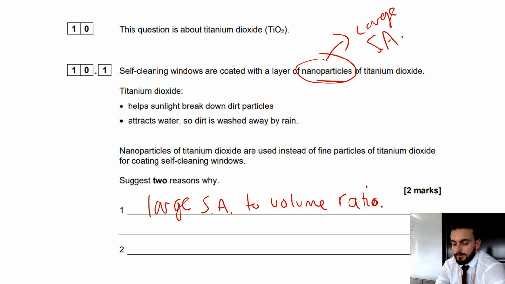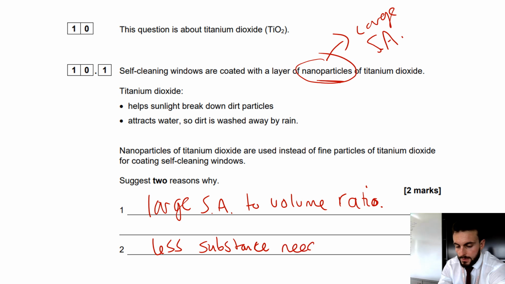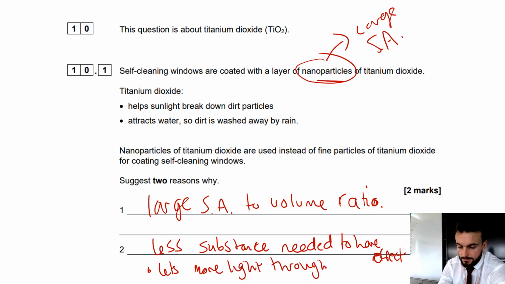If it has a large surface area to volume ratio, you can have less substance needed to have effect. You could also put it lets more light through, because there's less of it.